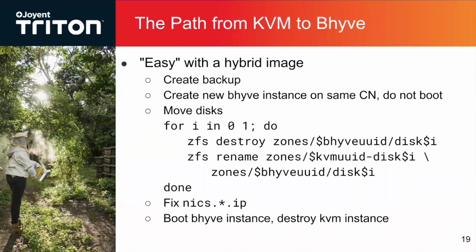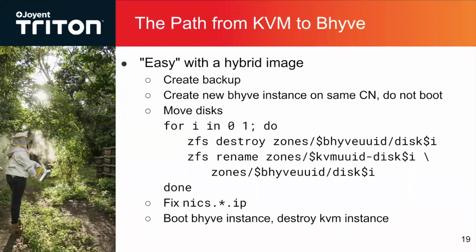The easiest way is to create a new bhyve instance on the same compute node. Don't boot it. Move the disks. You can use this little bit of shell, or you can do something else that accomplishes the same. Essentially, you need to move the KVM UUID/disk whatever to the bhyve UUID/disk whatever.